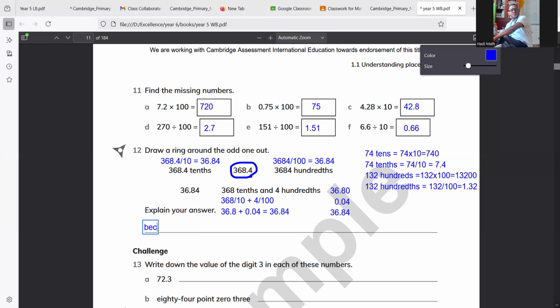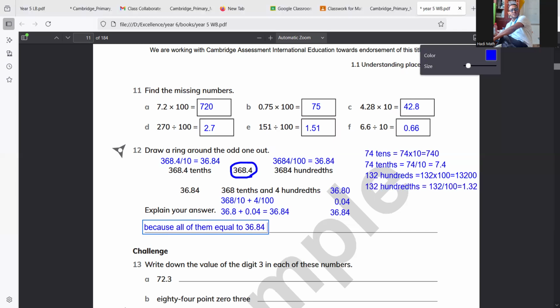Explain your answer. I said because all of them equal to 36.84. Okay.